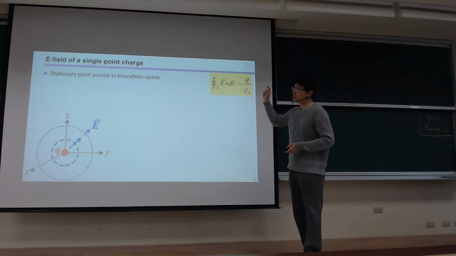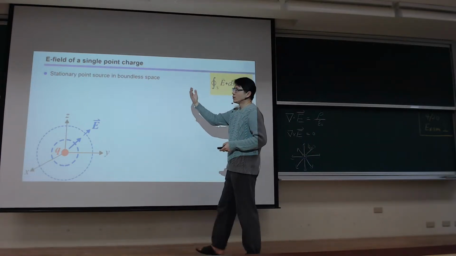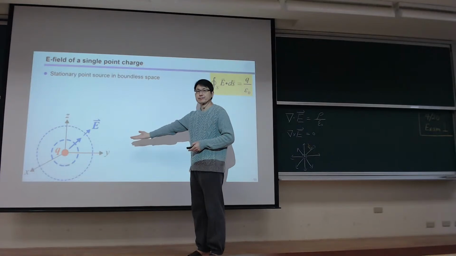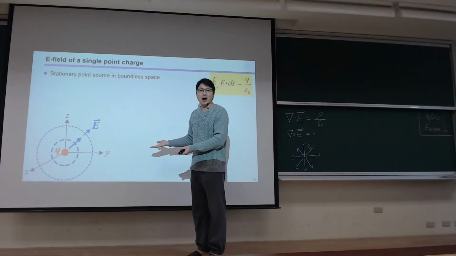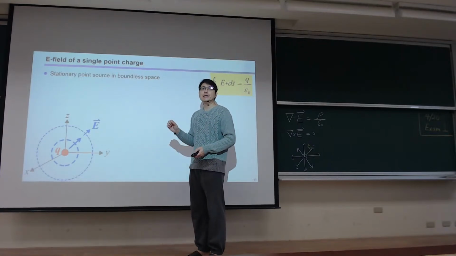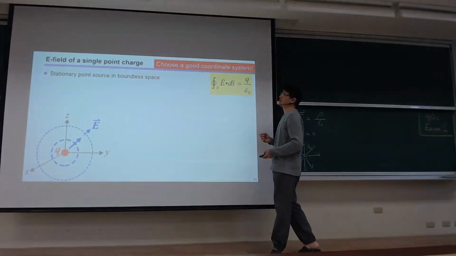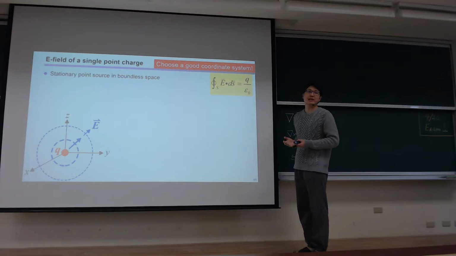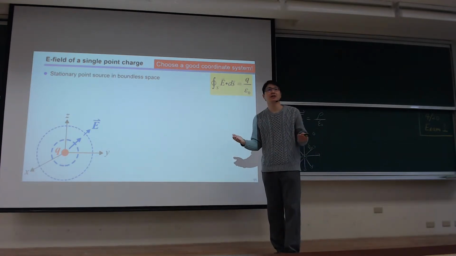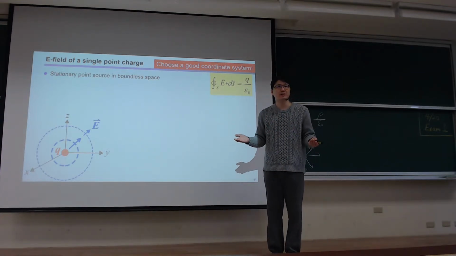So the very first issue is, once you have a given problem, it has a certain geometry. You need to find a proper coordinate system that is most convenient for your later analysis. Otherwise, why do we spend time learning 3 different orthogonal systems?